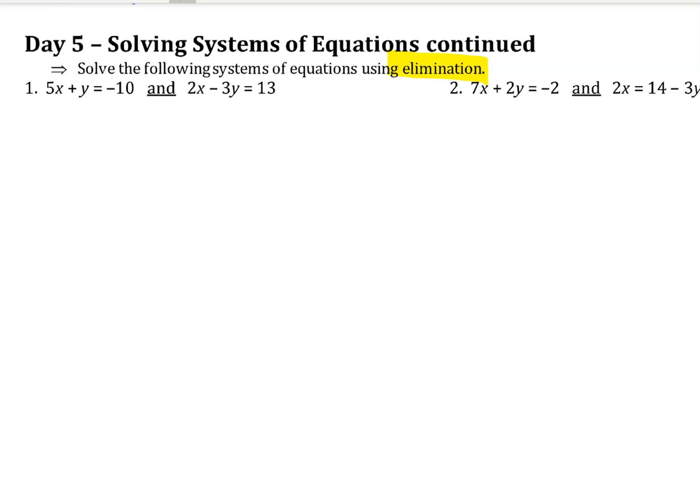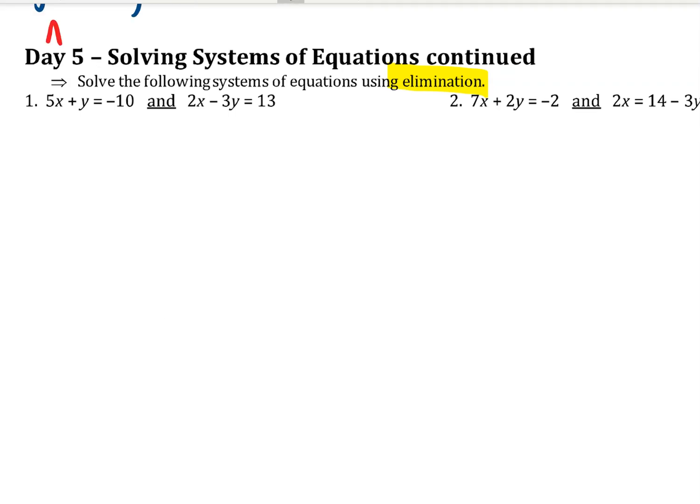But for elimination, what we need to do is get both equations into the same form. Usually that form is standard form, which looks like ax plus by equals c, where a, b, and c are numbers. In number 1, both of these are already in standard form.